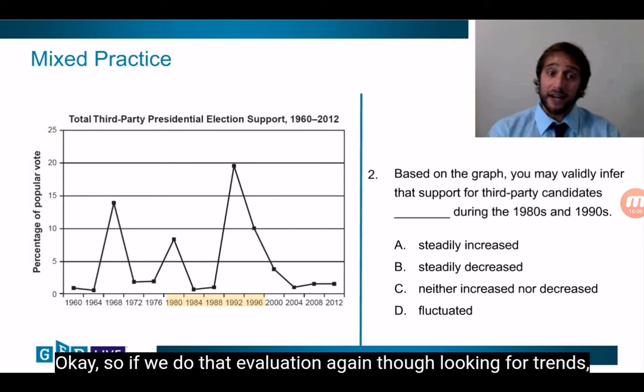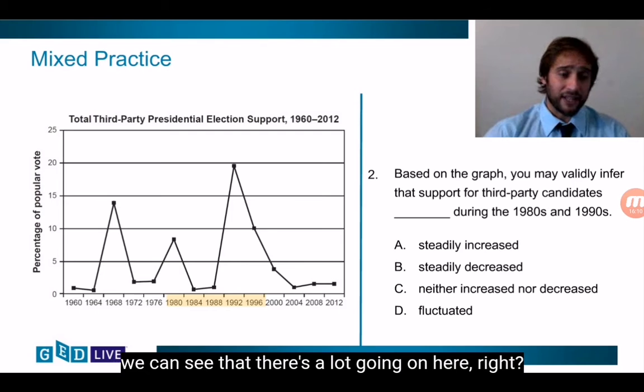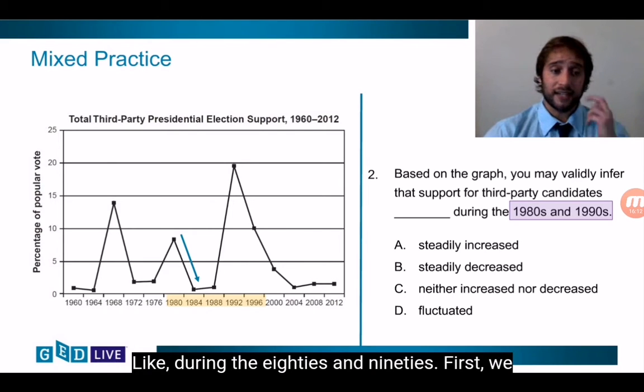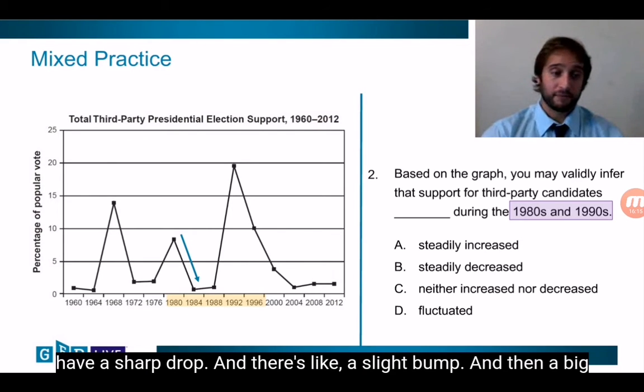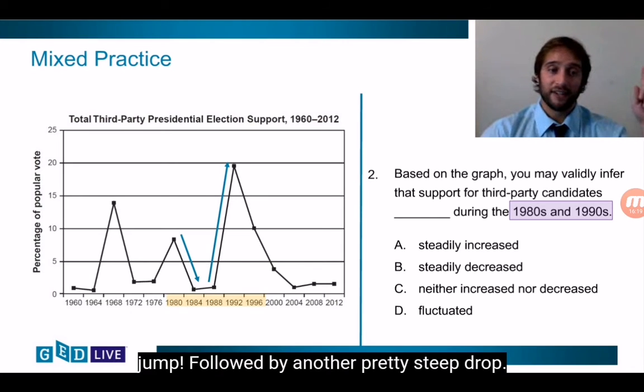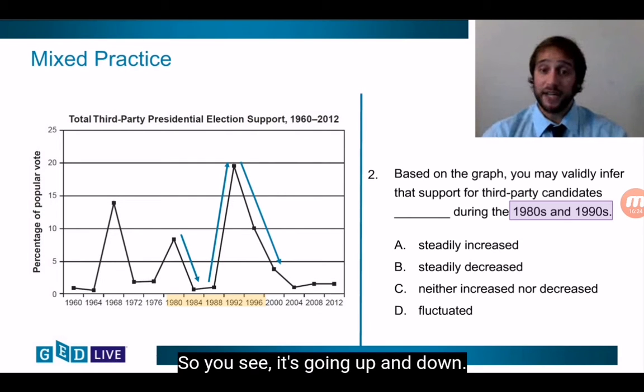Okay, so if we do that evaluation again, looking for trends, we could see that there's a lot going on here. During the 80s and 90s, first we have this sharp drop. Then there's a slight bump, and then a big jump, followed by another pretty steep drop. So you see it's going up and down.